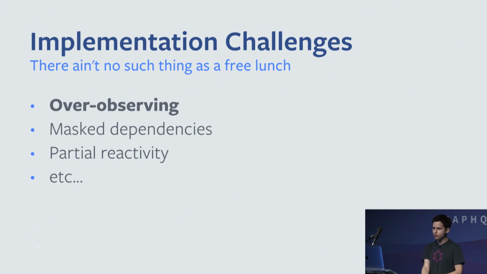Over-observing is one of the problems we run into. In your stateless request-response web stack, you can easily end up overfetching data. By this, I mean, if we go back to the idea that we have some API that lets us fetch data for House Stark.